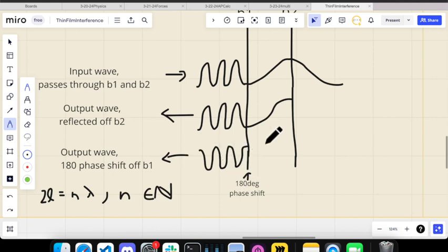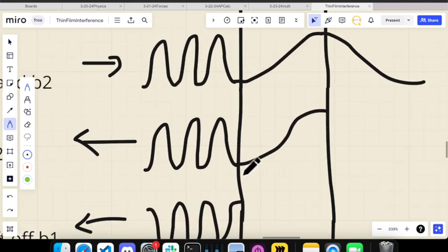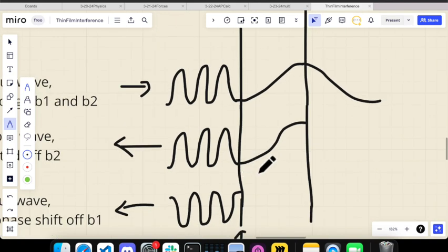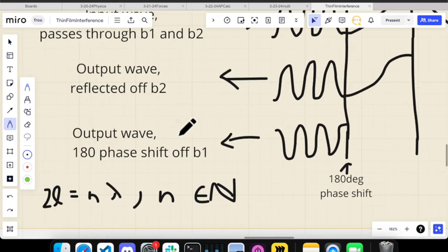The way to do that is to make sure we want half a wavelength spanned across this gap, so that we get back a full wavelength when we do twice that. When we get a full wavelength, we'll get the same phase as the input wave, so that it's out of phase with this wave reflected off the first boundary.